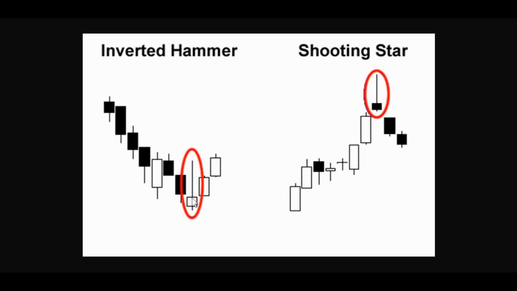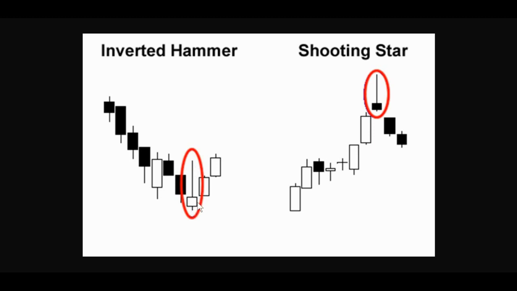Well, not necessarily. This is called an inverted hammer. It is a pin bar, yes, but it's at the bottom after a bunch of candles going down, a bunch of bearish candles down, down, down, and then your pin bar with the body near the bottom and the long upper wick and short or no lower wick.